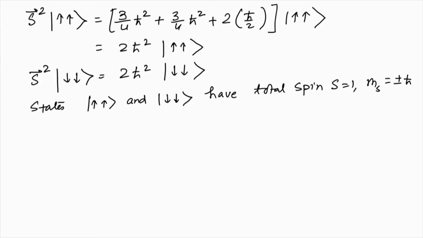But of course, S equal to 1 should have 3 states, which are ms equal to plus minus h and 0. So, the third state, ms equal to plus minus h, is there.